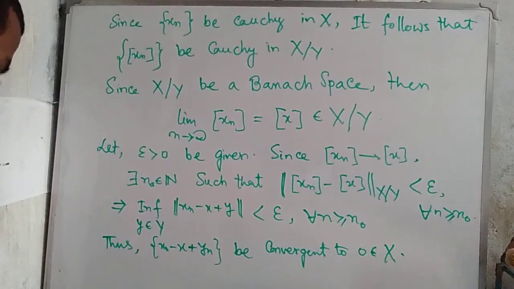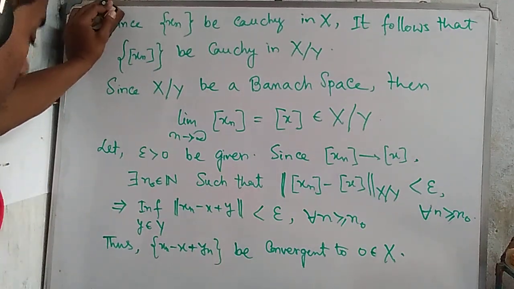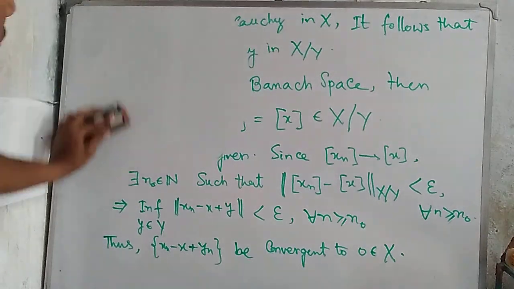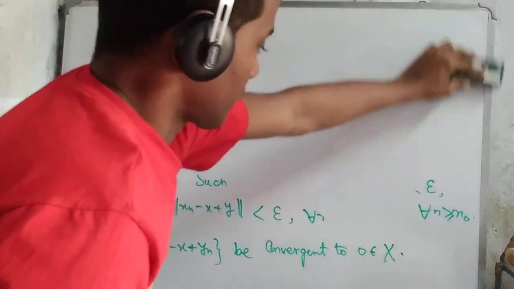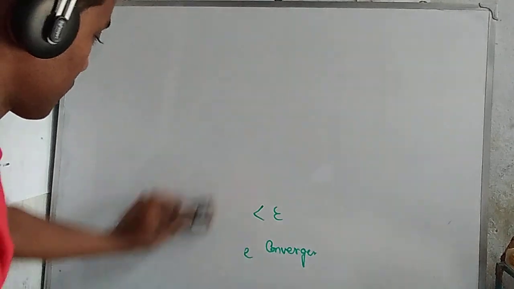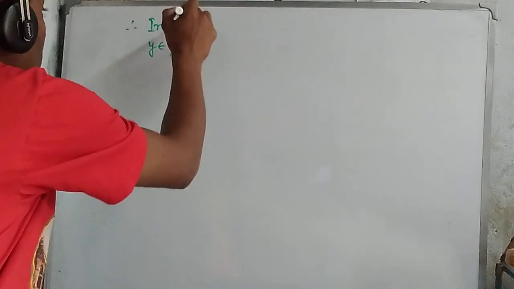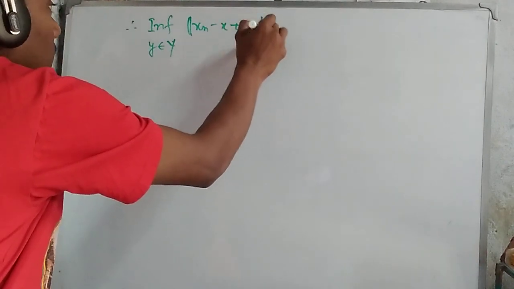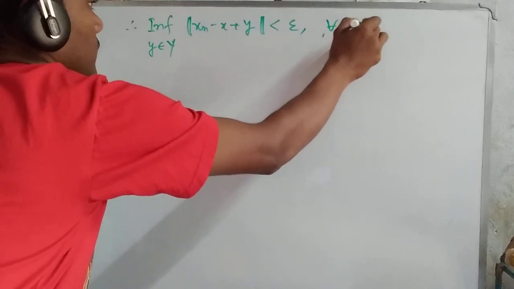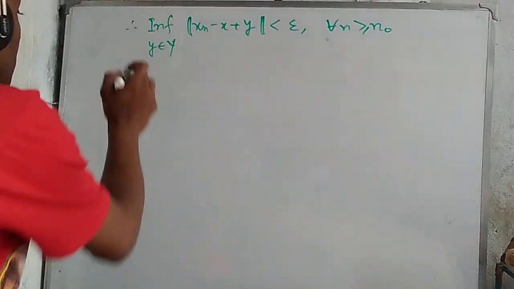Here we see that the infimum over y belonging to Y of the norm of x_n minus x plus y is less than epsilon for all n greater than or equal to n_0.